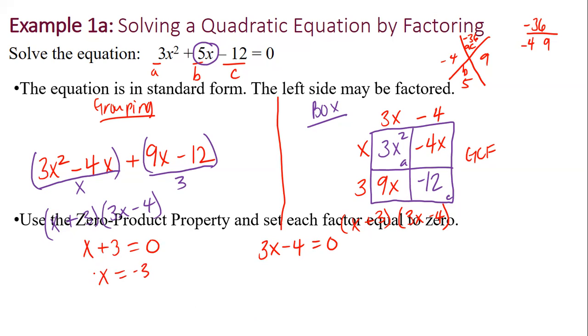So x equals negative 3 is one solution. And what's my second solution? X equals positive 4/3. I'm adding 4 and dividing by 3, correct? And those are my two solutions.